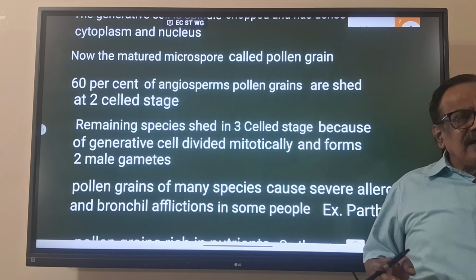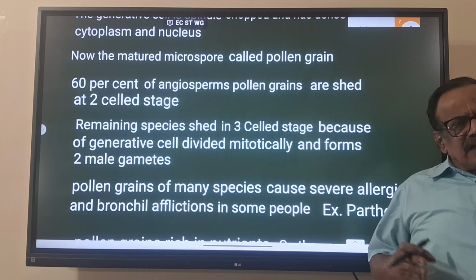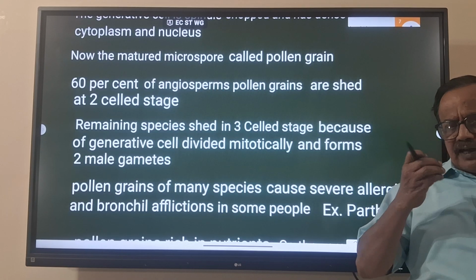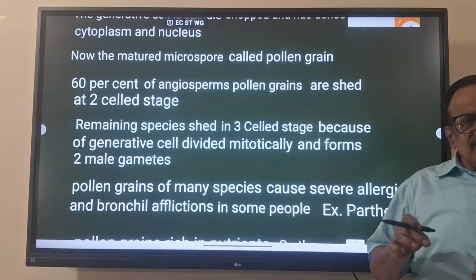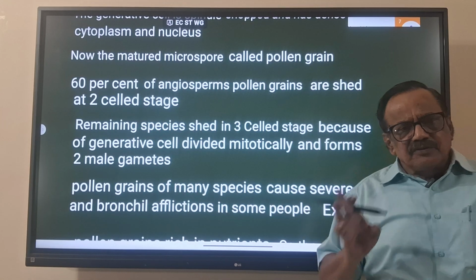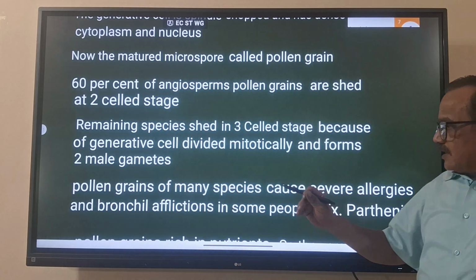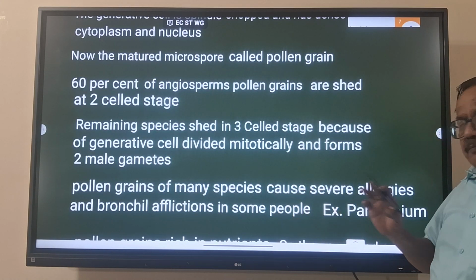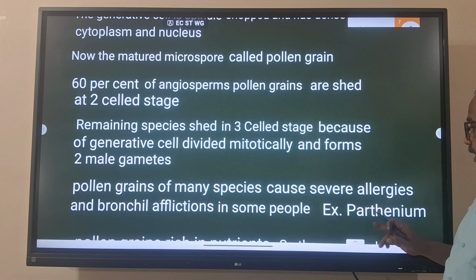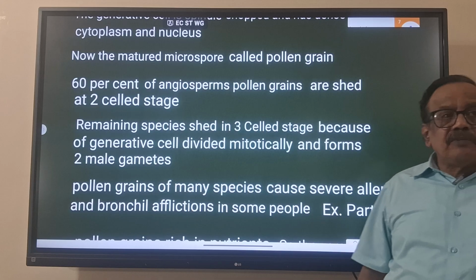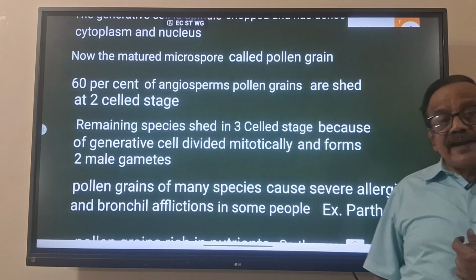Because of that, or it may germinate because of the wetness in our body. The pollen tube comes out and irritates something, it happens like that. So it causes severe allergies and bronchial afflictions in some people, not in all. Example, Parthenium. Parthenium is also called Congress grass.